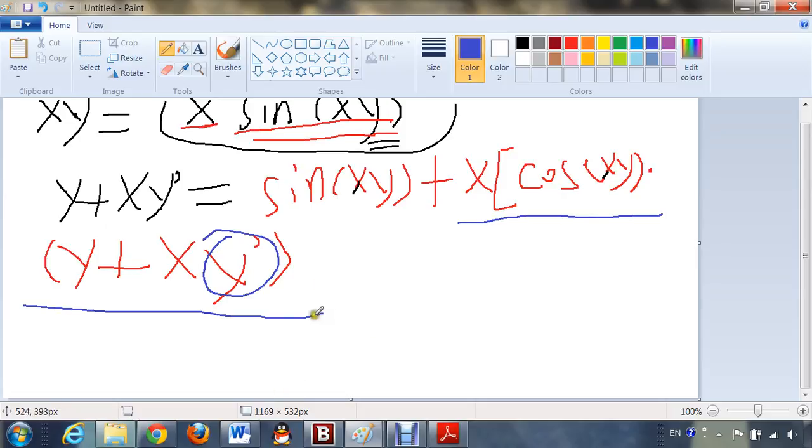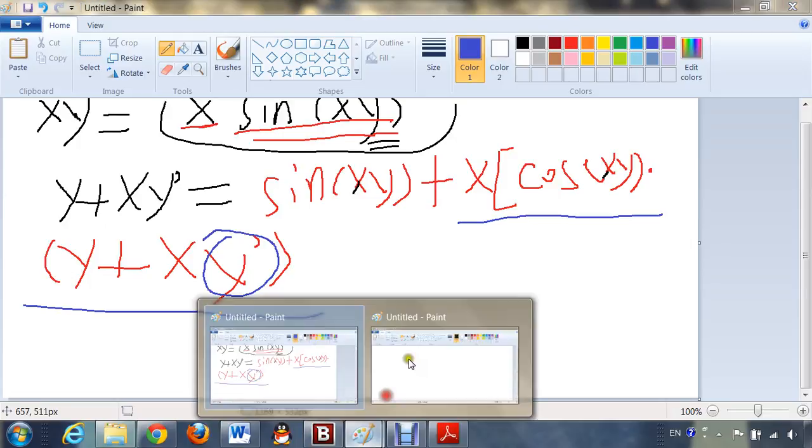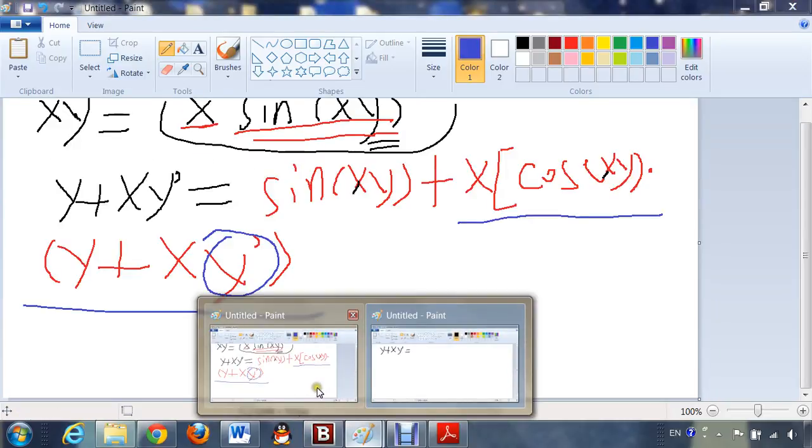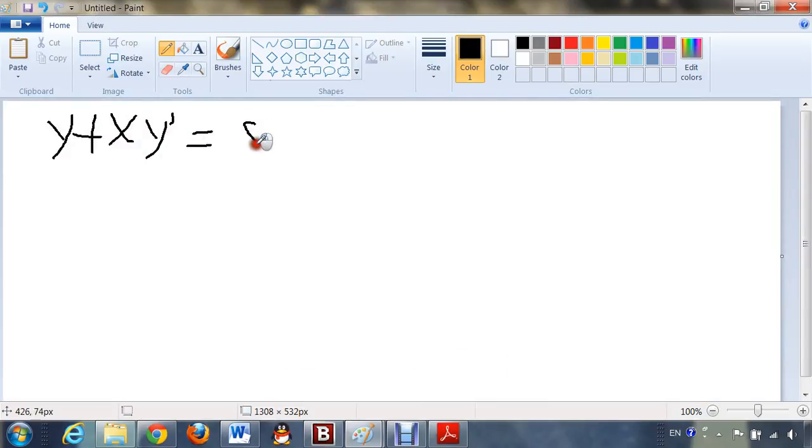So first step, let's move to this page. We have y plus xy prime equal to sine xy, add x times.